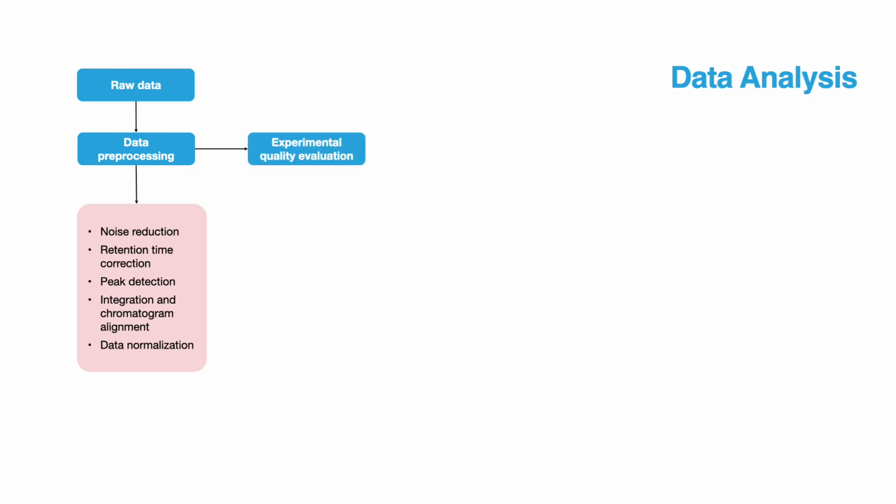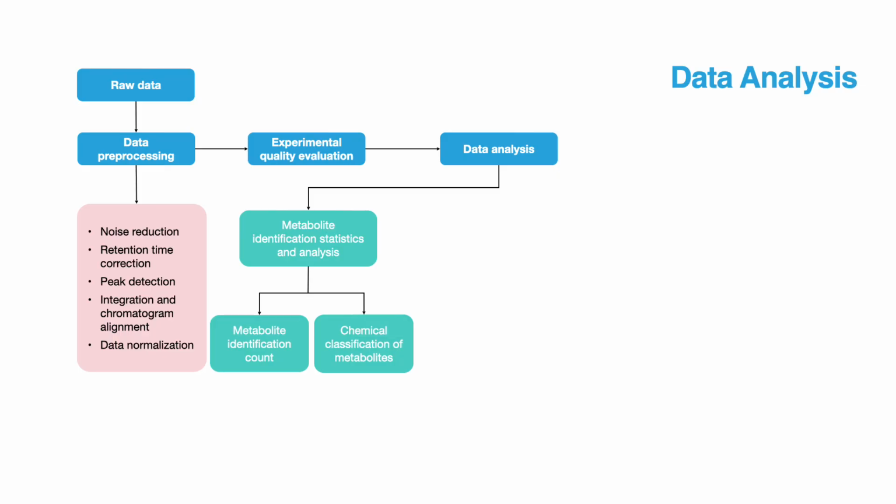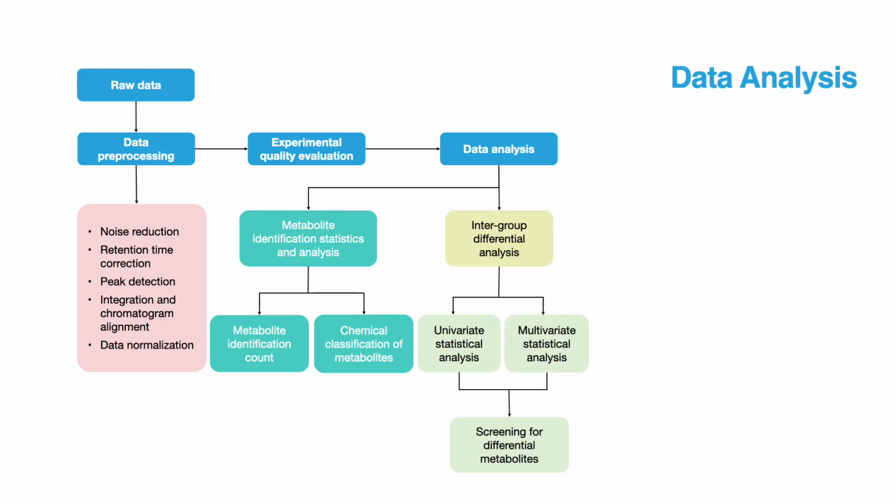Next, we perform experimental quality evaluation, checking data reliability before moving forward. The core of the analysis includes several layers. In metabolite identification, we summarize the number of identified metabolites and classify them into chemical categories. Then we conduct intergroup differential analysis, combining univariate and multivariate statistics to identify differential metabolites between groups.